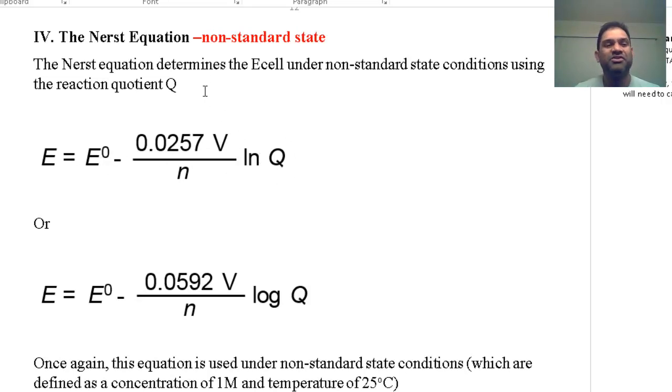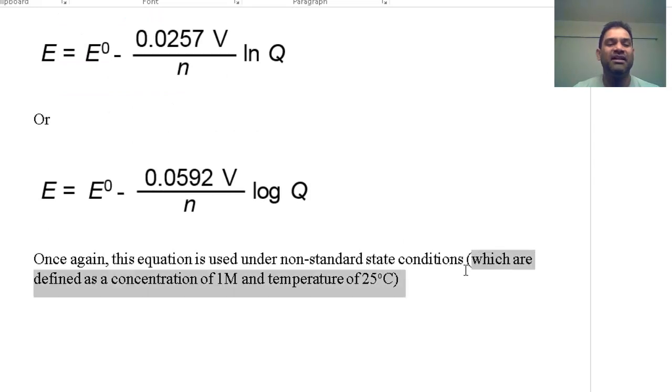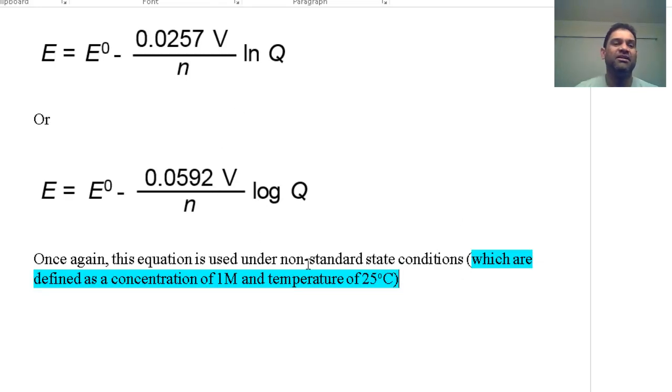Q is the reaction quotient. You may see this if you take future chemistry classes, the logarithmic form of the Nernst equation. Once again, you want to think of non-standard states, different conditions than our typical 1 molar at 25 degrees C, pressure usually 1 atmosphere. And n is the number of electrons transferred in the redox reaction.